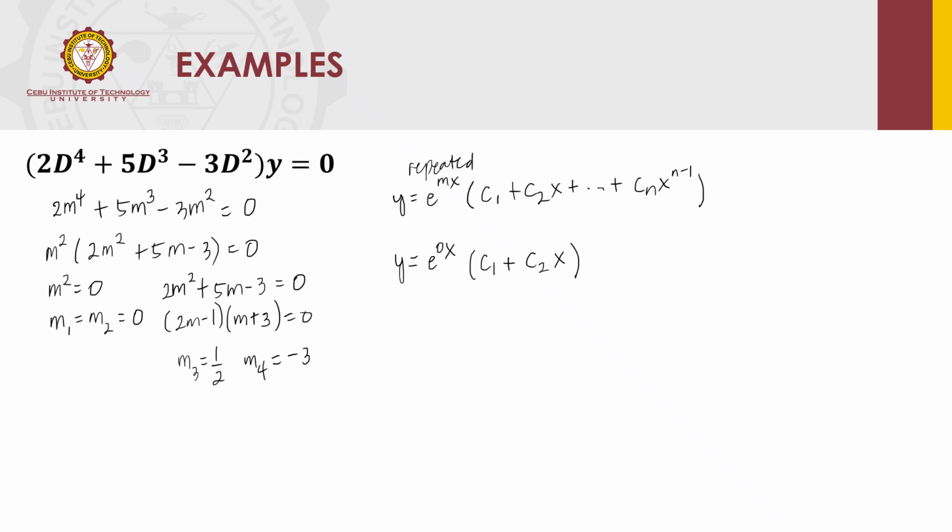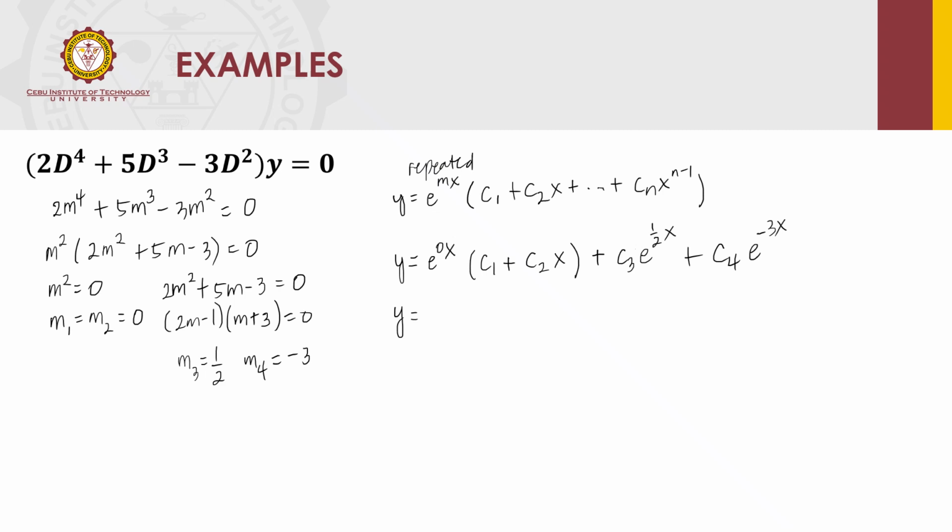And for the other roots, they are distinct. So under case 1, we have c sub 3 e to the power of 1/2 x and c sub 4 e to the power of negative 3x. Or you can have the real roots first, with c1 and c2, and then later for the repeated root c3 and c4.